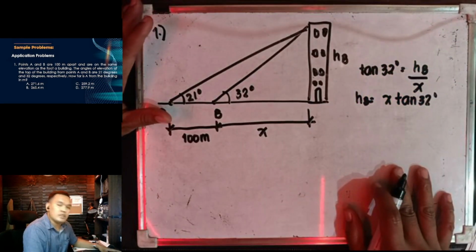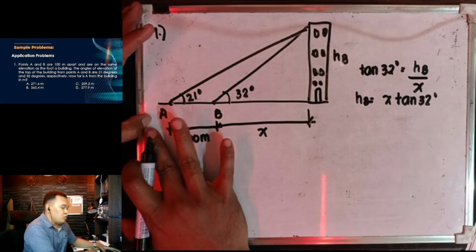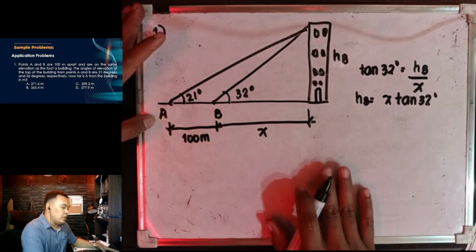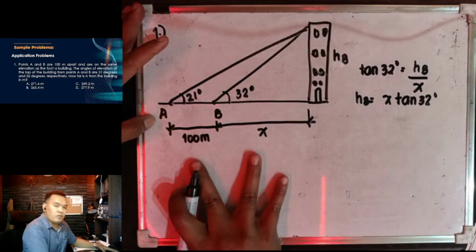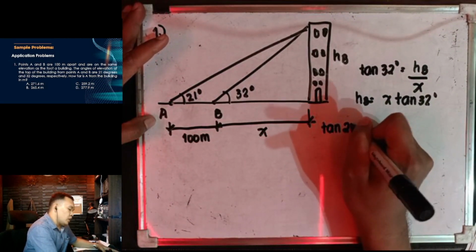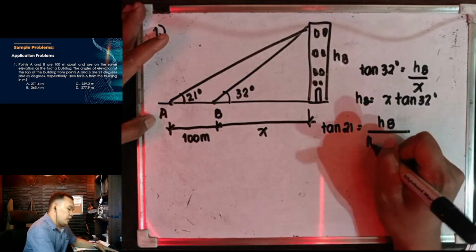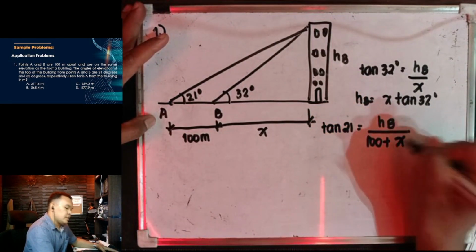Yan yung equation natin. Then, punta ako dun sa A. Kung A ang titingnan ko, tangent 21 is equivalent kay height of the building all over 100 plus X.